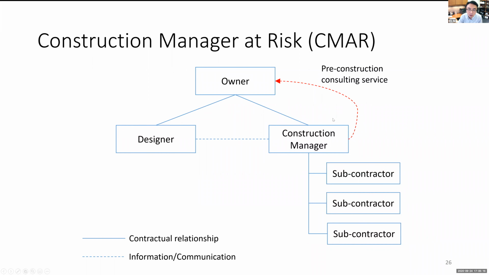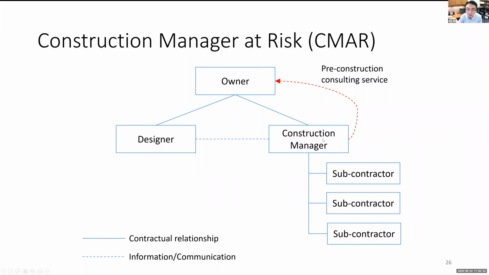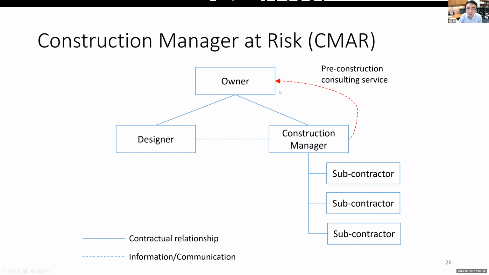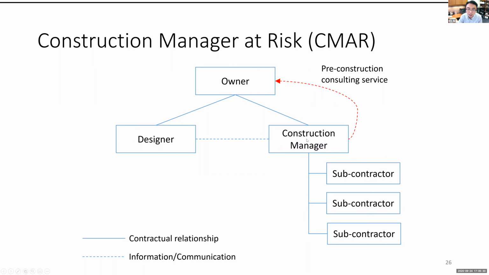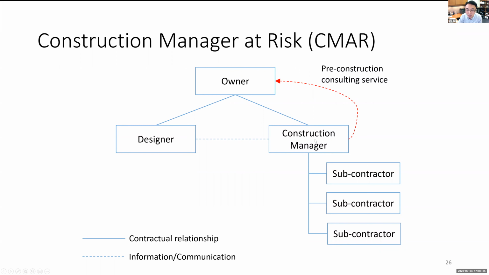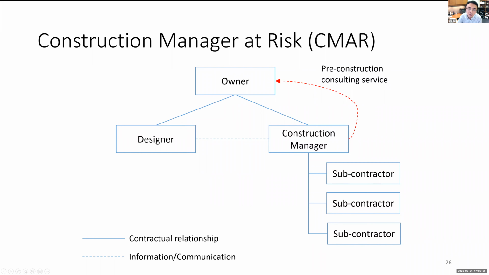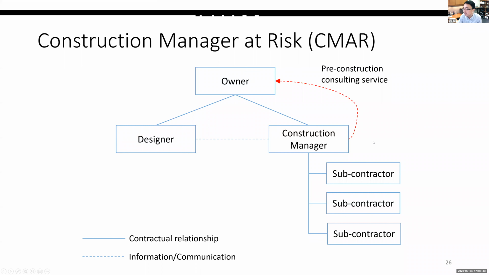So this guy will provide this pre-construction consulting service, sitting next to the owner, talking to the designer, making sure everything makes sense to him. And then later we'll sign a separate contract with the owner, which is the build construction contract. Then I cannot disagree with myself, right? What I said during the pre-construction design phase should make sense for me to build it. Make sense?